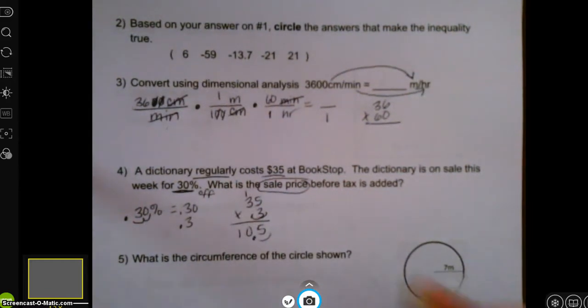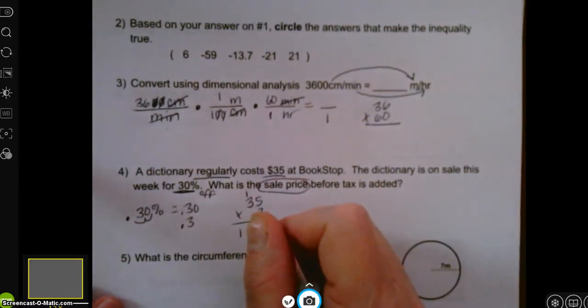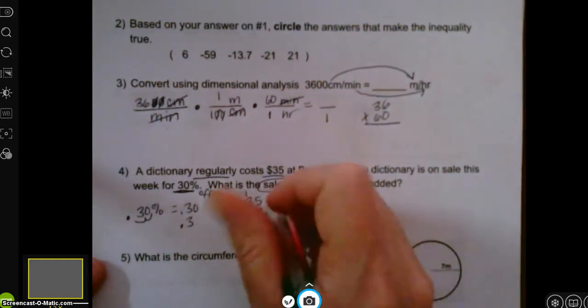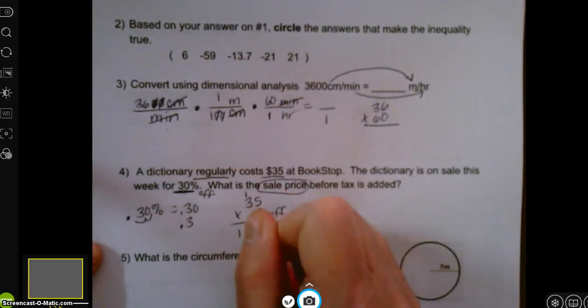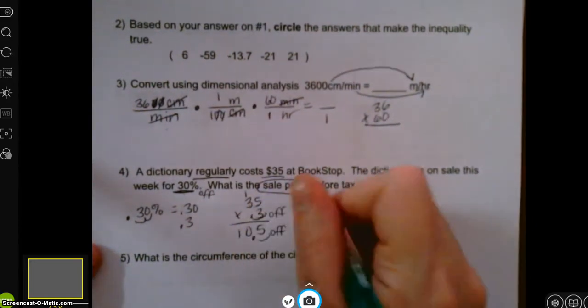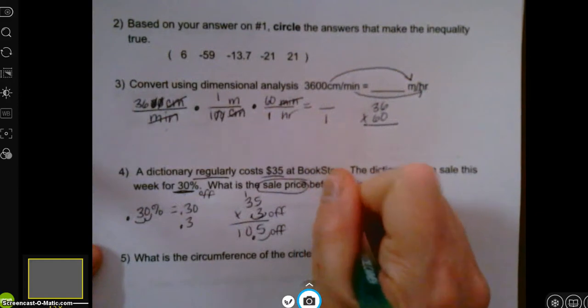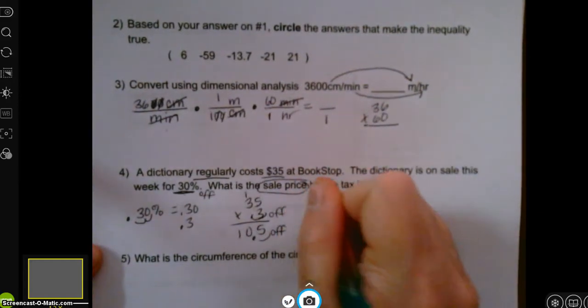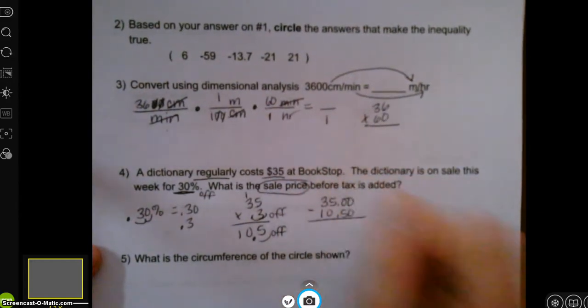Now if you remember, one thing you need to make sure you do is every time you multiply, make sure you know what this represents. 0.3. Well, 0.3 represented 30%, which represents the off. Therefore, this is the off. What I want is the sale price. That's the part that I pay. So $35. I'm going to write it that way because I have a decimal here. Minus $10.50.